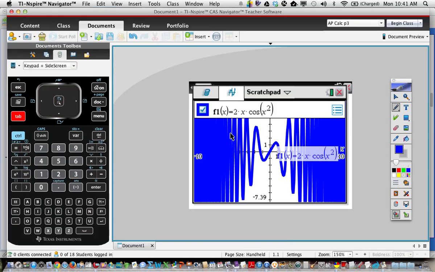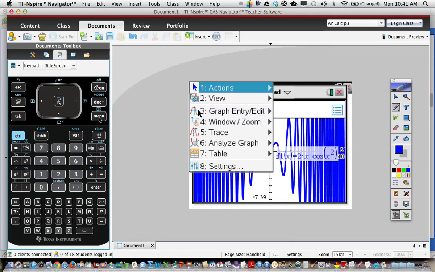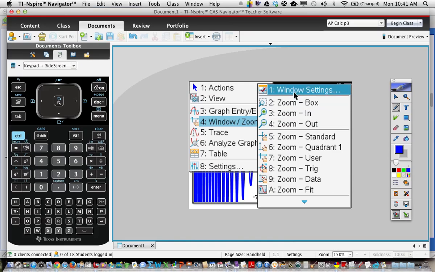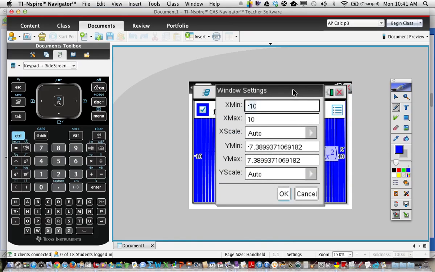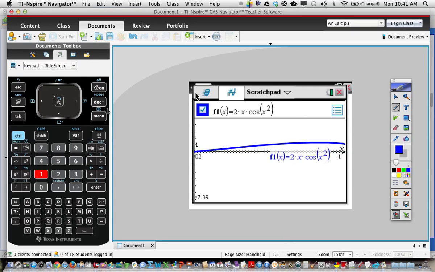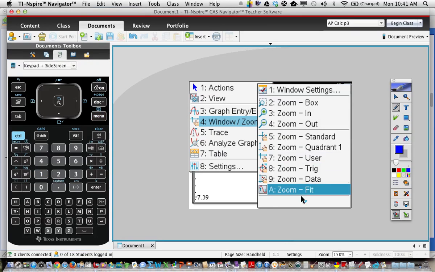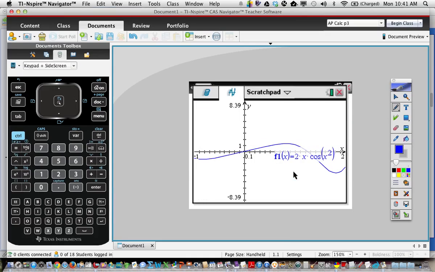What could we do here now? Window to 0 to 1. Zoom fit would be a great thing to be using here. I would definitely do that. That didn't work very well.